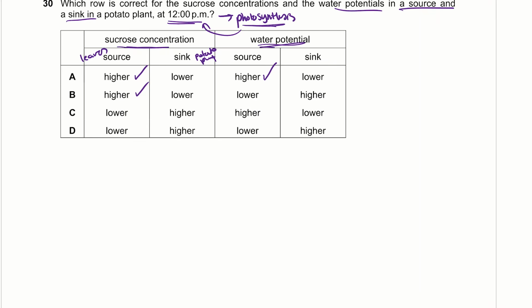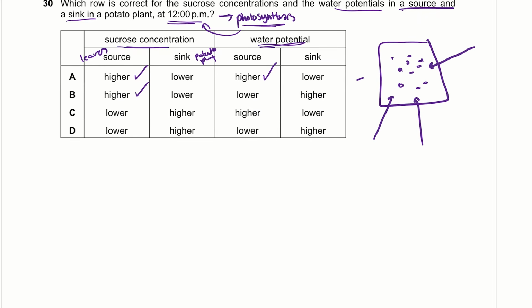First of all, when the sucrose concentration increases in cells in the leaves, water from neighboring areas goes inside these cells down the water potential gradient. Therefore, even if the sucrose concentration in these cells is increasing, water is also entering down the water potential gradient.